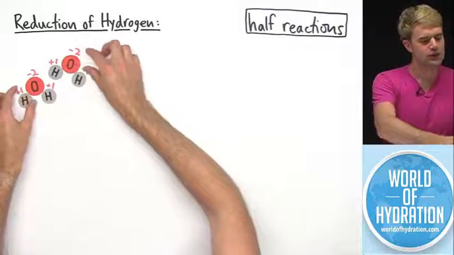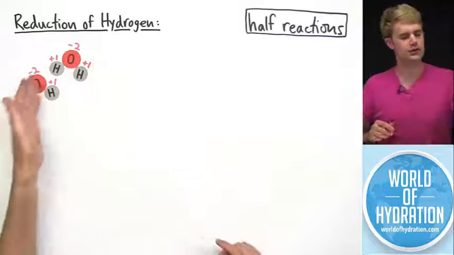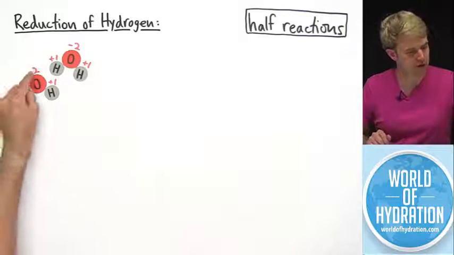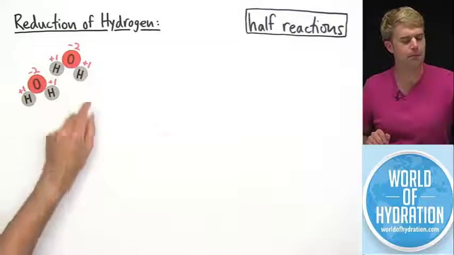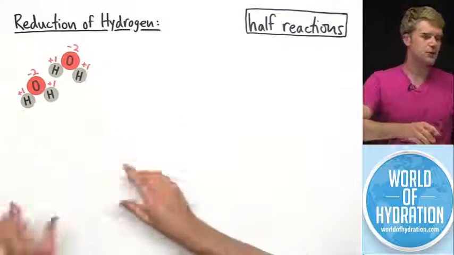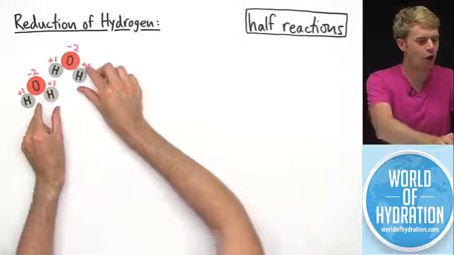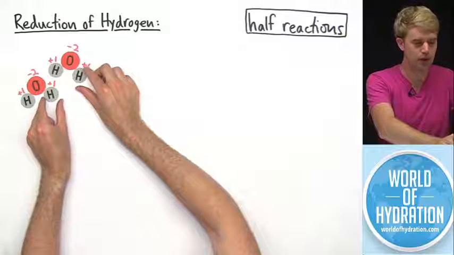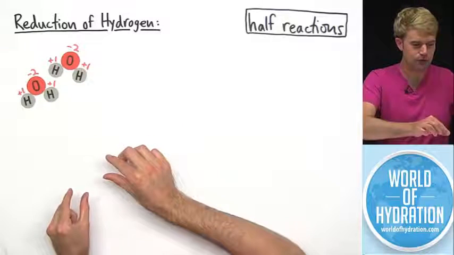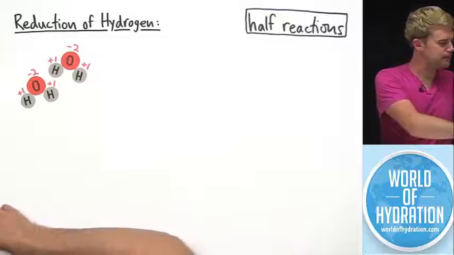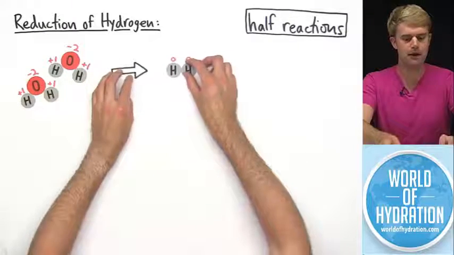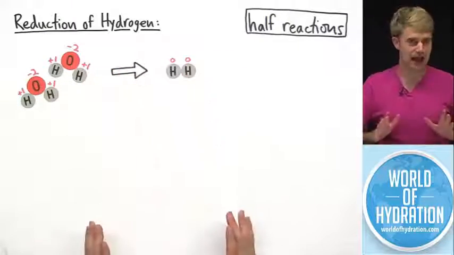Okay, so we start with two molecules of water, H2O, and you'll see that I've written the oxidation numbers above each of the atoms. So in the reduction of hydrogen, essentially what happens is it's like we take one hydrogen from each of these water molecules and pull them off, and then we combine them to make a molecule of H2, hydrogen gas.